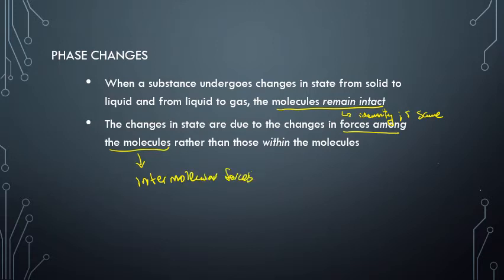Depending on how strongly those molecules are attracted to each other, and there are a lot of different factors that go into that which we will discuss, one of the big ones that we will be looking at is polarity. As I warned you in class, you'll see a lot of Lewis structures with this unit as well. We have to look at the type of bonding that's taking place between these different atoms to give us the polarities of the molecules. That will give us a lot of information about the forces of attraction that are occurring between the molecules.